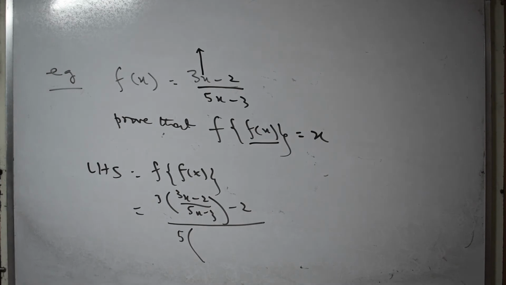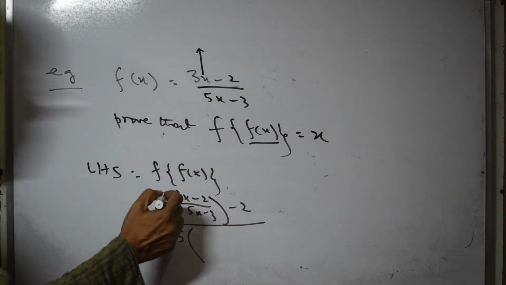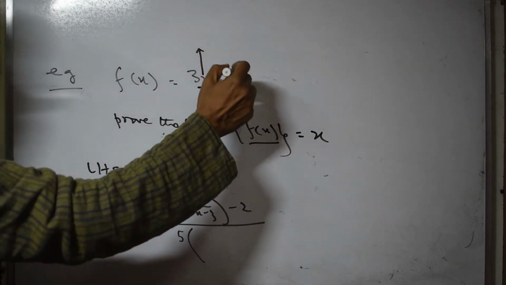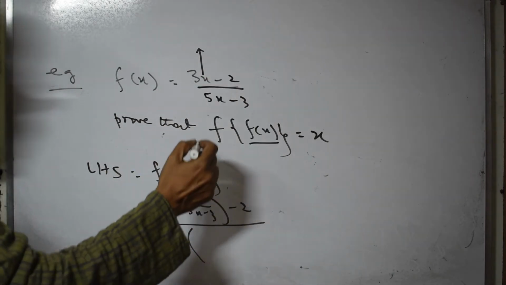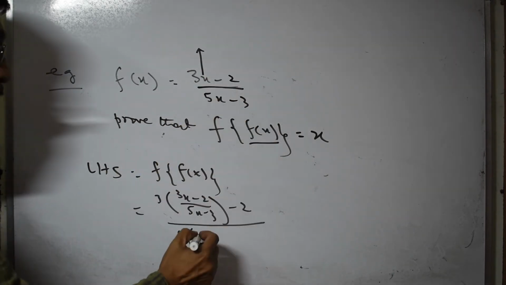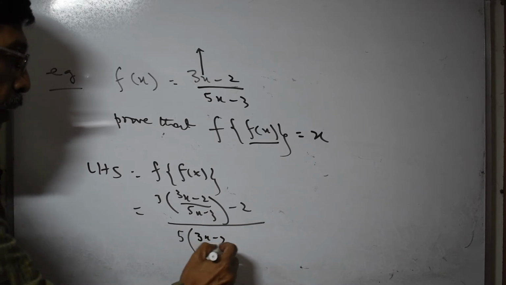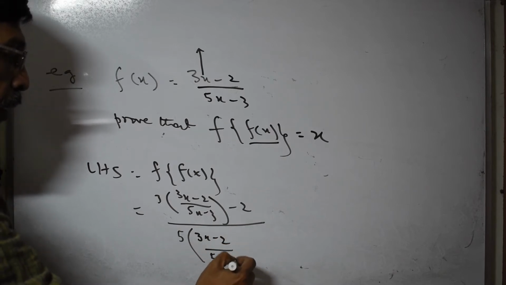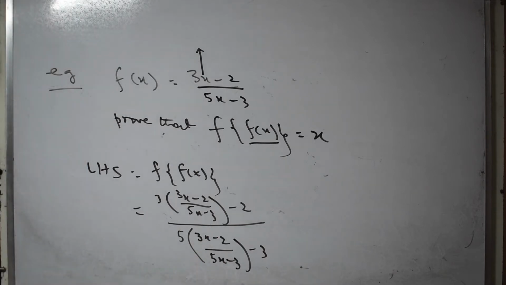So when you are replacing x by f(x), it is 3 times the whole expression again minus 2, and 5 times the whole expression again minus 3. So this is the idea behind the function in this problem.